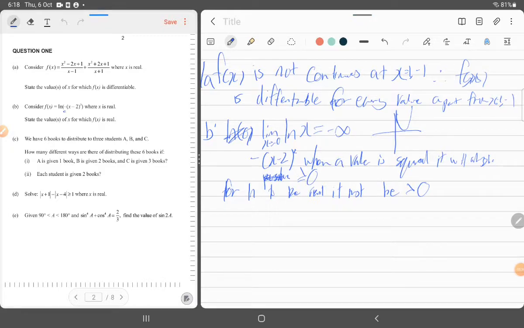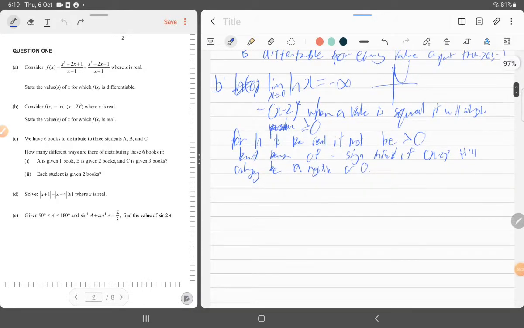But because of the negative sign in front of (x minus 2) all squared, it'll always be negative or 0.